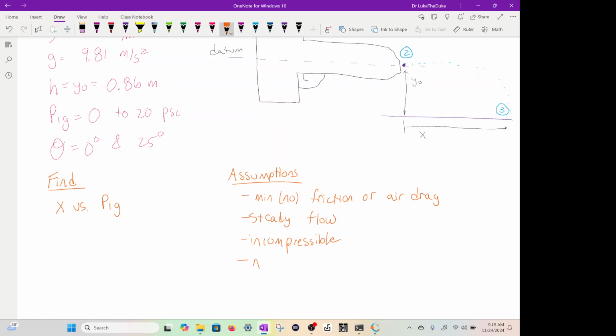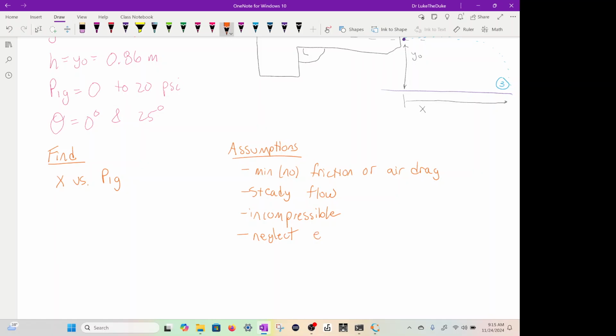And we're going to neglect the elevation changes from 1 to 2. And we're going to assume V1 is small compared to V2.